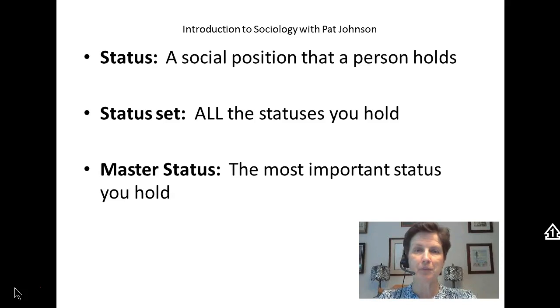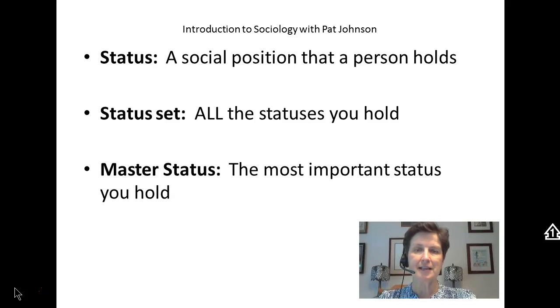Right now, if you're my student, one of your statuses is that of student. But you hold a lot of other statuses in your life. You might be a friend, you might be a father or a mother. You could be a son or daughter. You could be an employer or an employee. You have a lot of statuses in your status set.